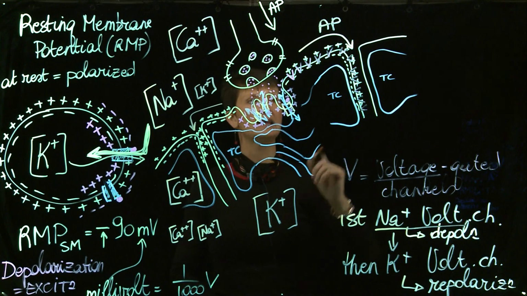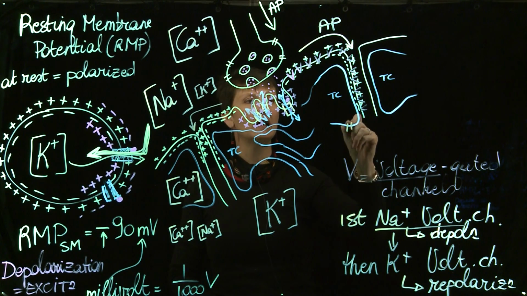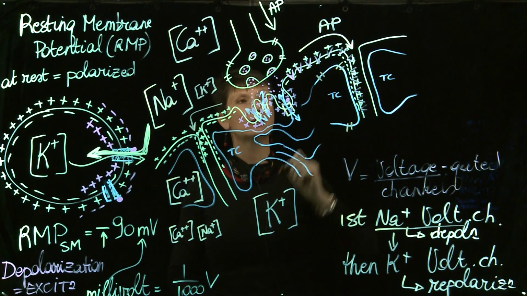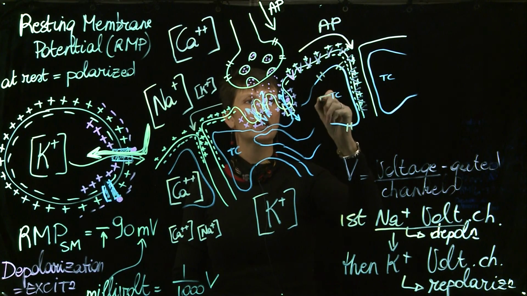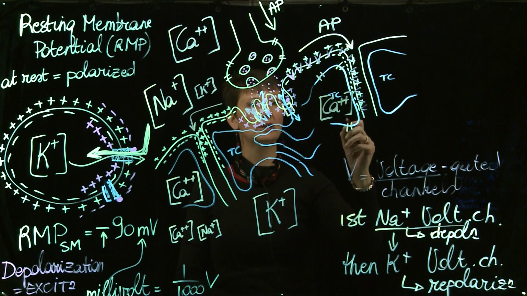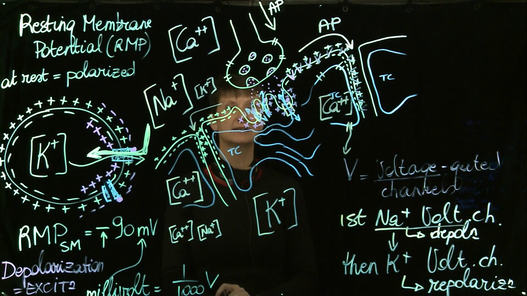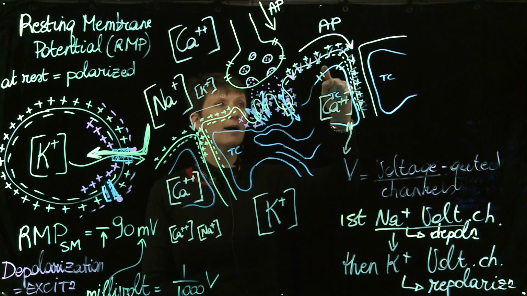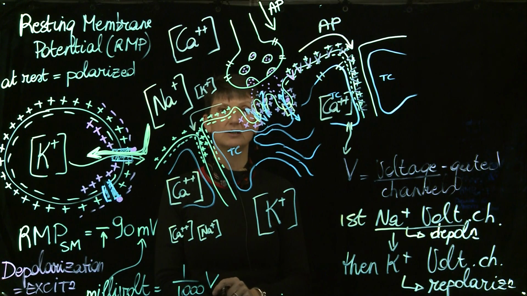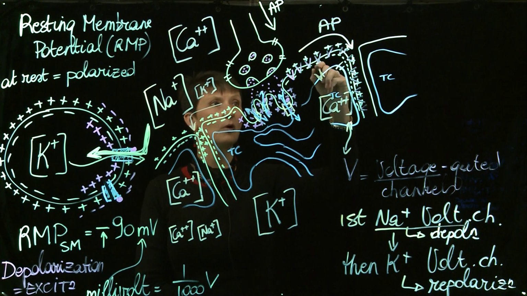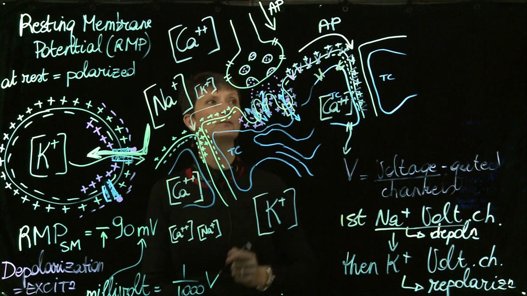Well, it can now trigger the opening of our calcium ion channels in our terminal cisternae, such that all of this calcium stored in our terminal cisternae can leave and go bind to the troponin complexes. So the calcium ion channels here are also triggered by very strong depolarization of the action potential, and those are therefore also voltage-gated channels.